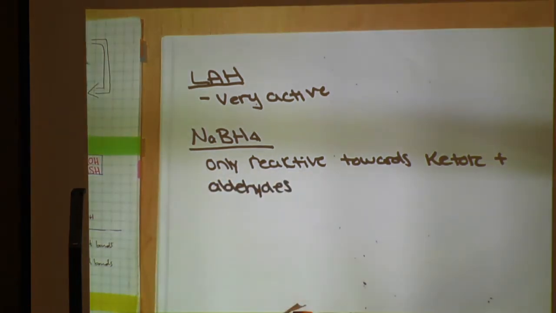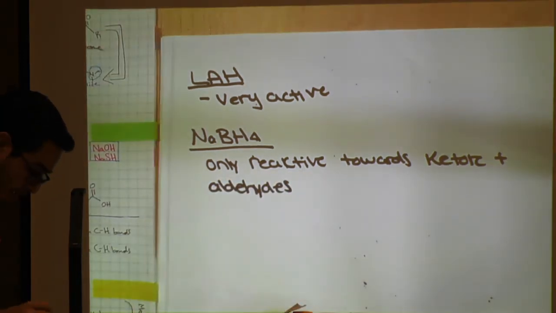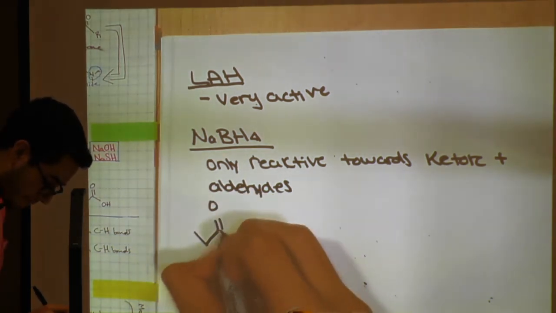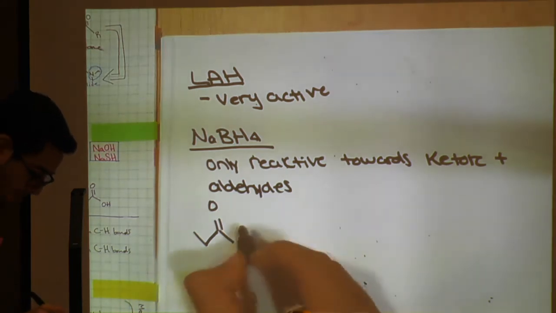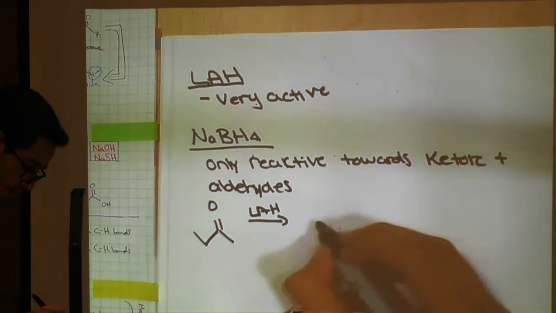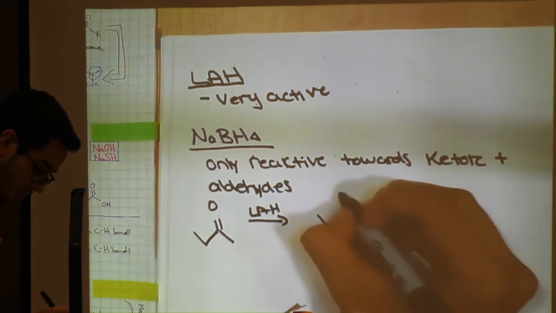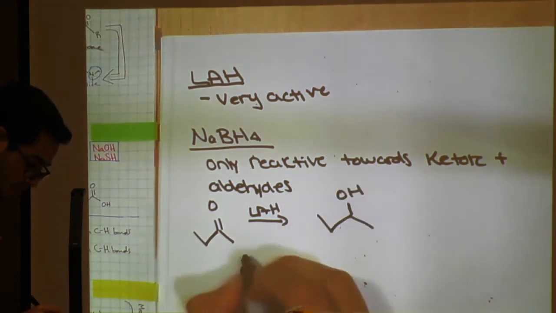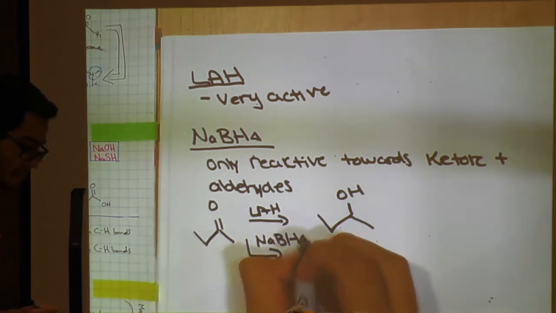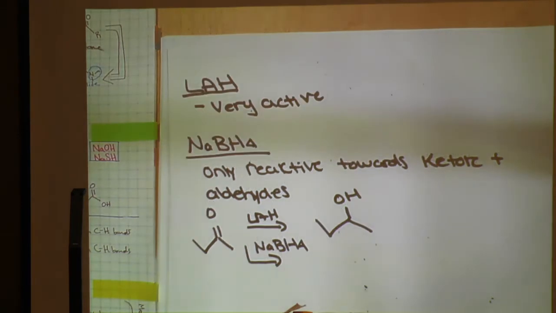So for example, if we have our ketone here, and we react it with LAH, this is simply going to reduce to that, and NaBH4 will do the same exact thing. So these things are pretty synonymous in function and purpose. The only difference is NaBH4 is going to be selective towards ketones and aldehydes.